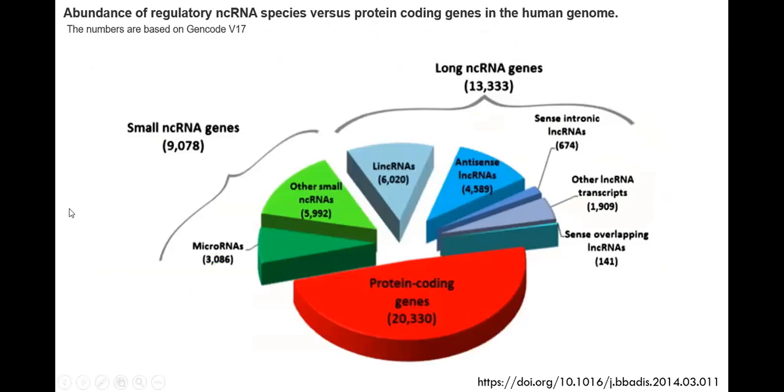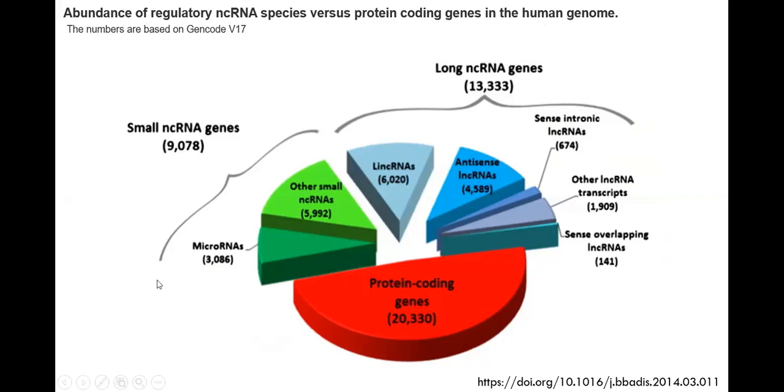So this slide represents, in terms of quantification, how many genes are there in the system and how many genes are there in a human genome, and how many of them are coding for specific RNA molecules. We talked about the types of RNA in the previous slide. So let's say if you take a genome, how many genes are there that will code for specific RNA molecules.